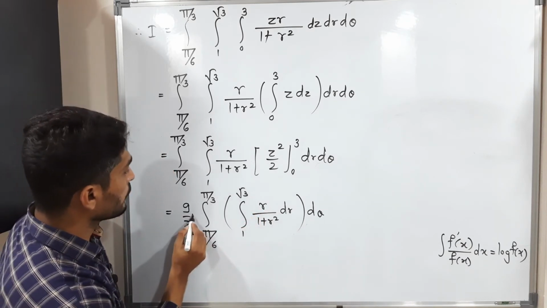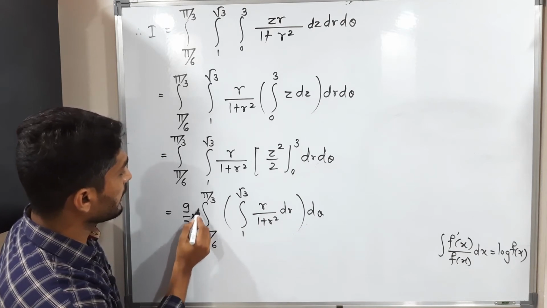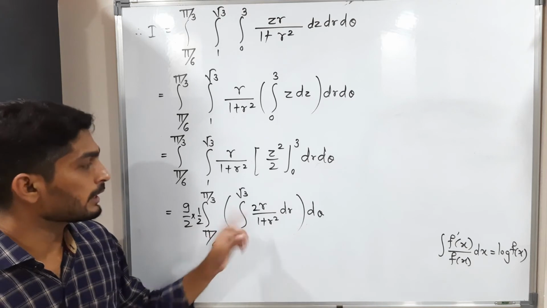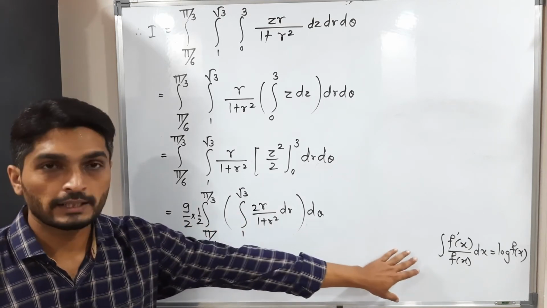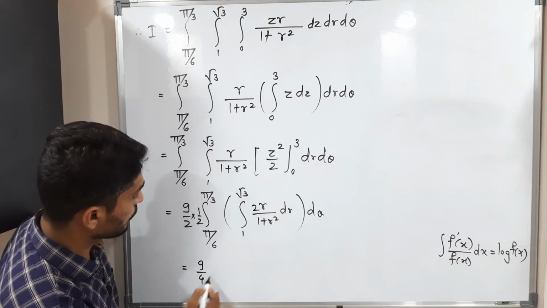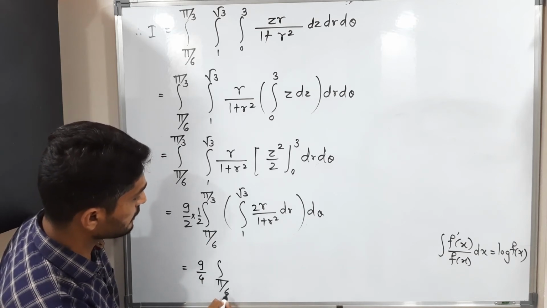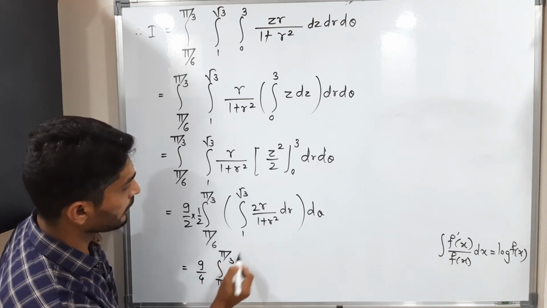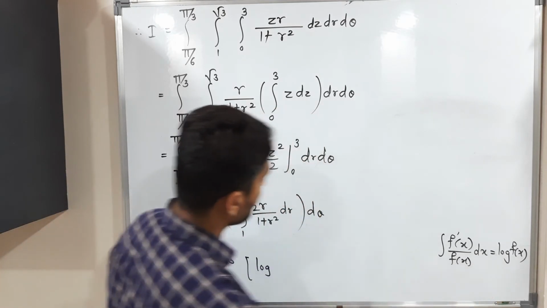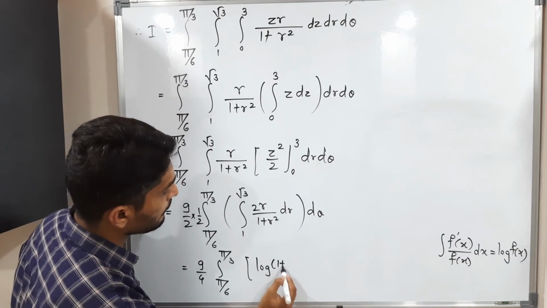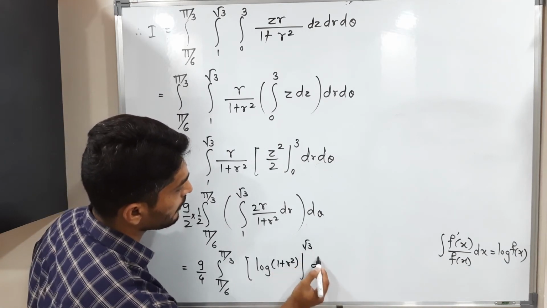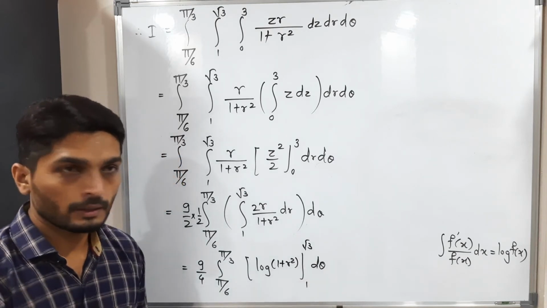What I am going to do, I will divide by 2 and I will multiply by 2 here. So now I can apply that formula. So this is equal to 9 by 4 integration pi by 6 to pi by 3. By using that formula, log of the denominator, so log of 1 plus r square with limits 1 to root 3, d theta.